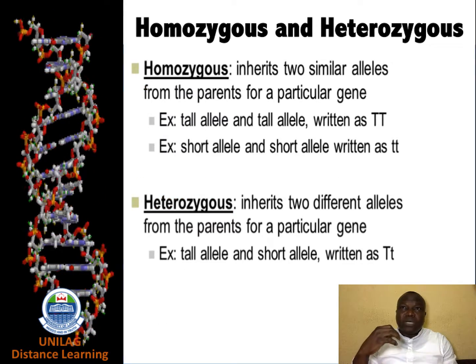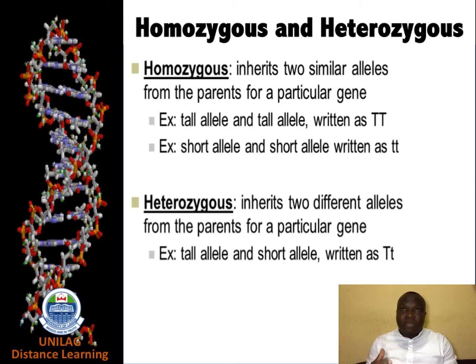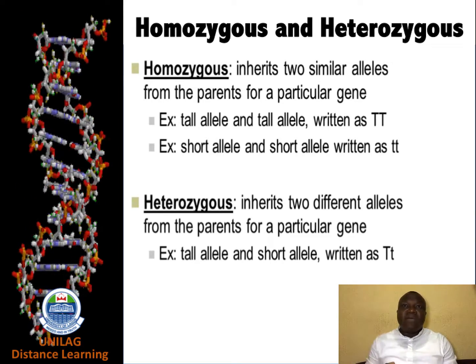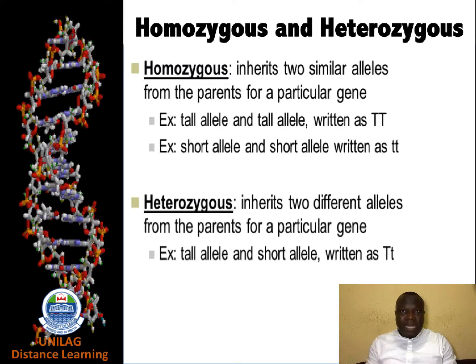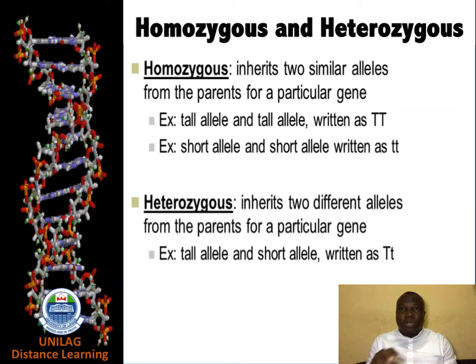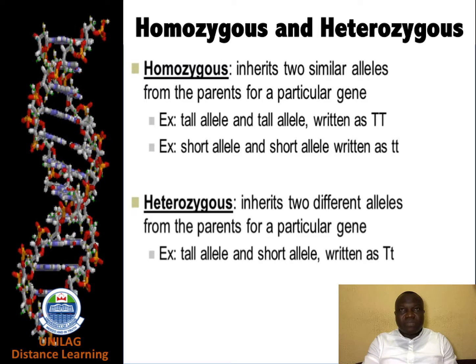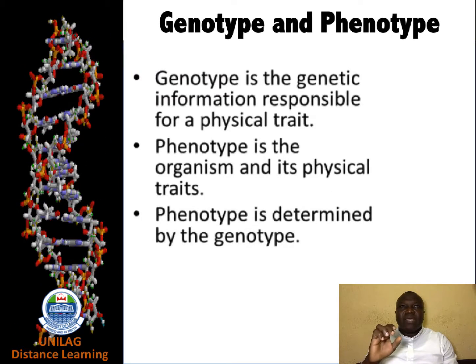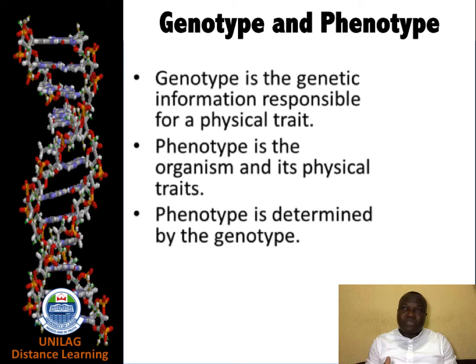Next, we're going to look at the concept of homozygosity and heterozygosity. A homozygous trait is made up of 2 of the same alleles, while a heterozygous trait is made of 2 different alleles. Now, a genotype is an individual collection of genes.